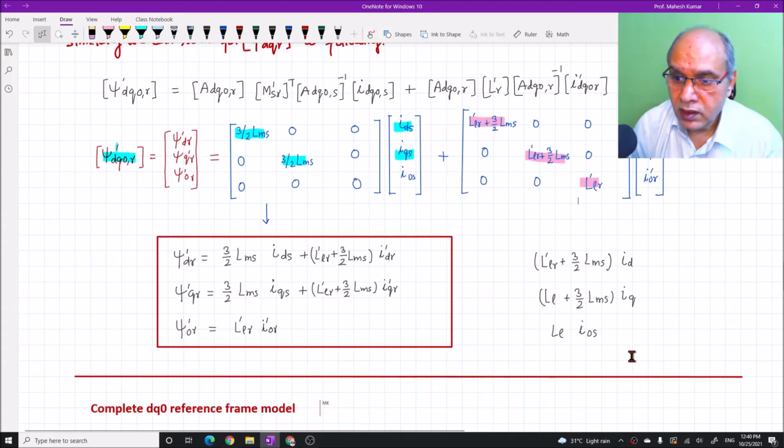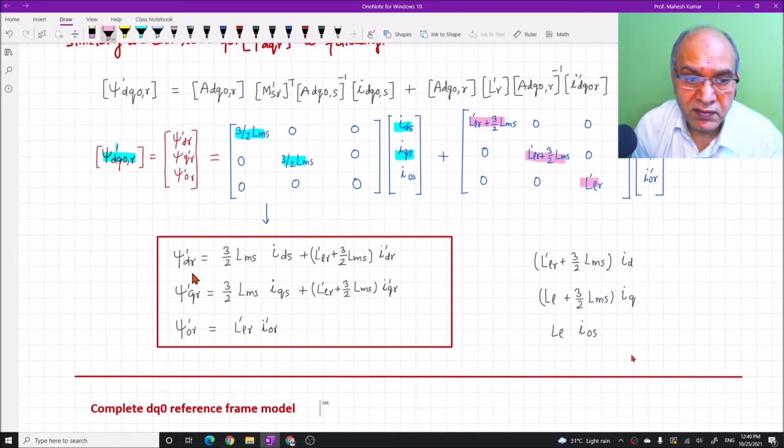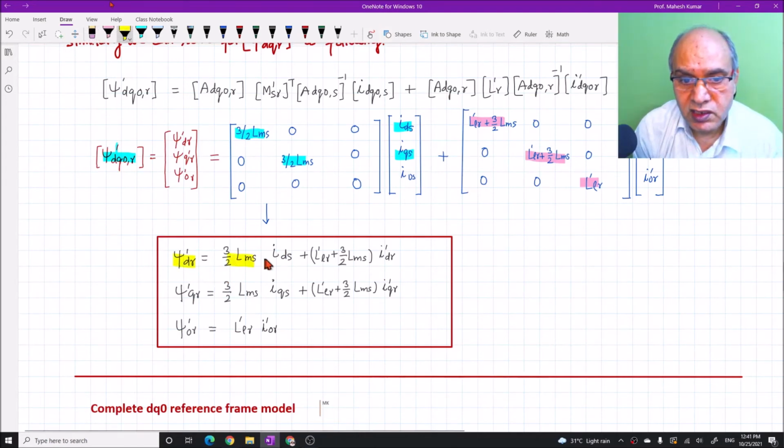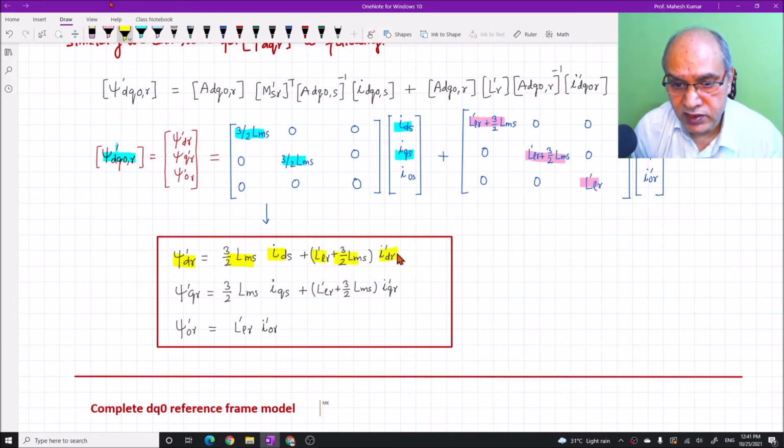Okay, and therefore the final result can be placed in the form of each variable. That is psi dr dash equals 3 by 2 LMS IDS, plus LLR dash plus 3 by 2 LMS into IDR dash.